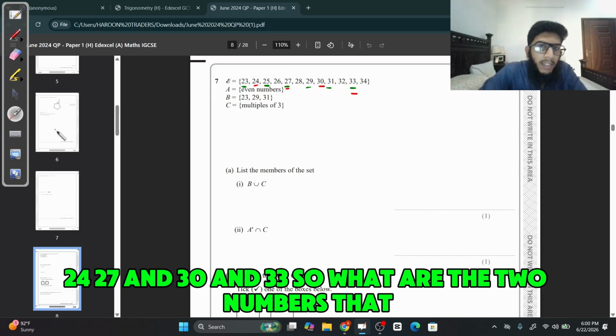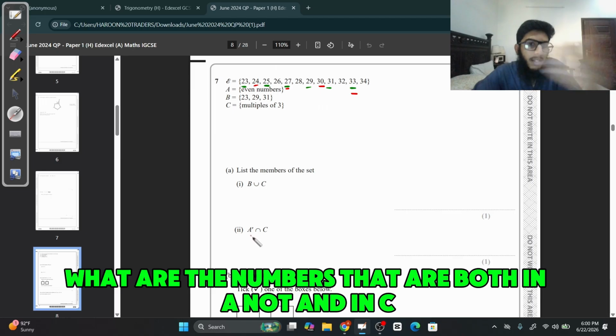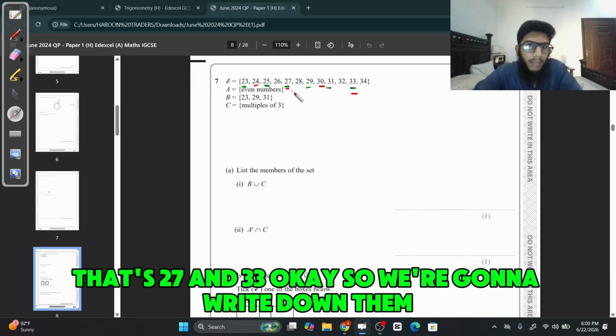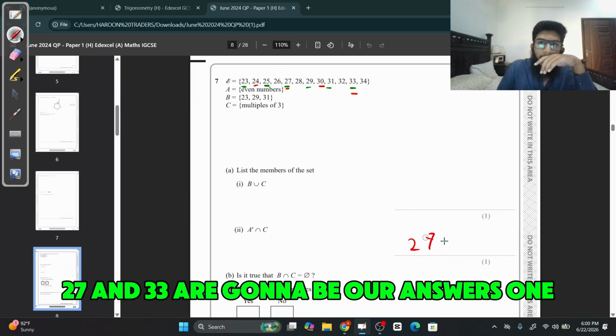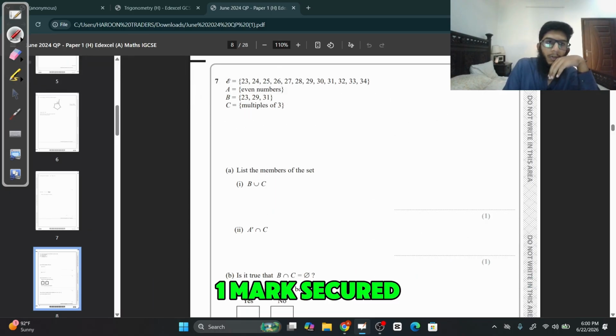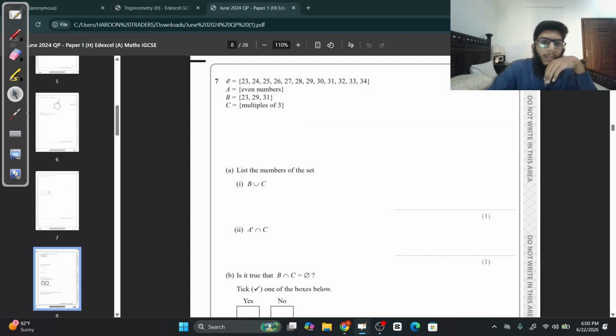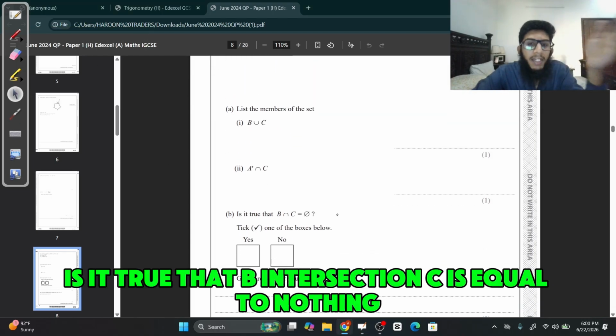So what are the numbers that are in both A complement and in C? That's 27 and 33. Okay, so we're going to write them down. 27 and 33 are going to be our answers. 1 mark secured.